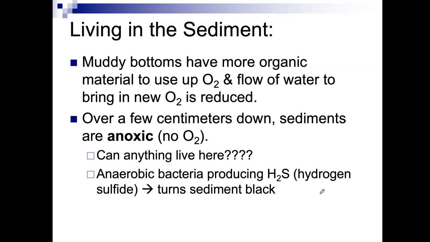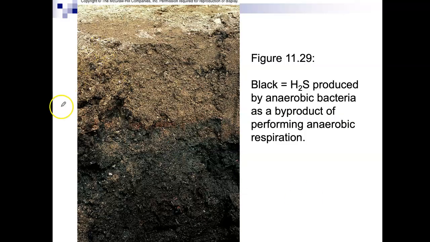So we've got anaerobic bacteria just a few centimeters down in muddy soil that are producing hydrogen sulfide, and that ends up turning the sediment black. So you can see here, just a few centimeters below the surface in your estuarine communities, you're going to have this really sticky, black, muddy sediment. And the reason for that is, of course, these hydrogen sulfide producing bacteria.